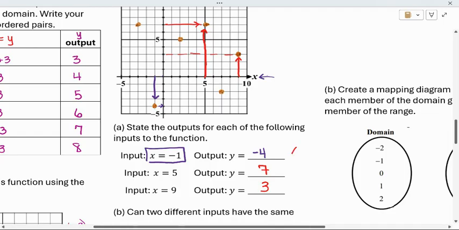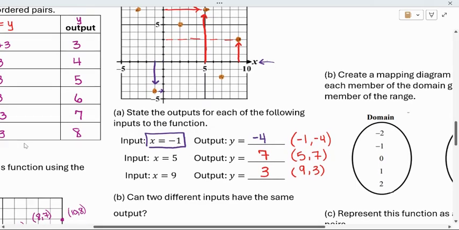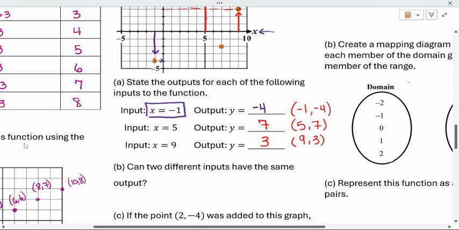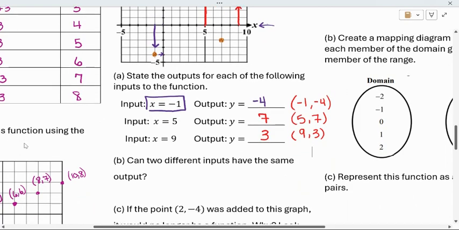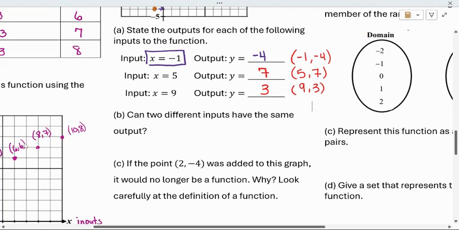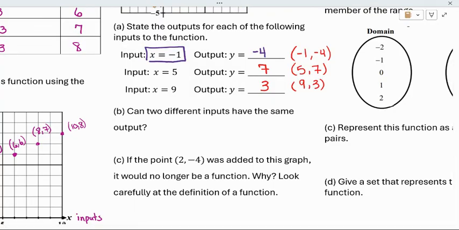These can be written as ordered pairs: -1, -4, 5, 7, and 9, 3. Can two different inputs have the same output? Let's see.